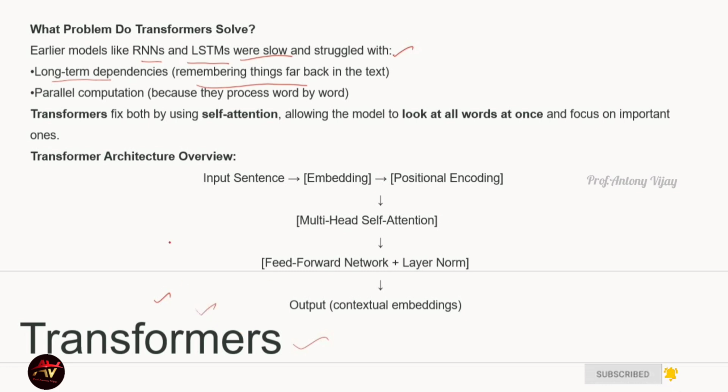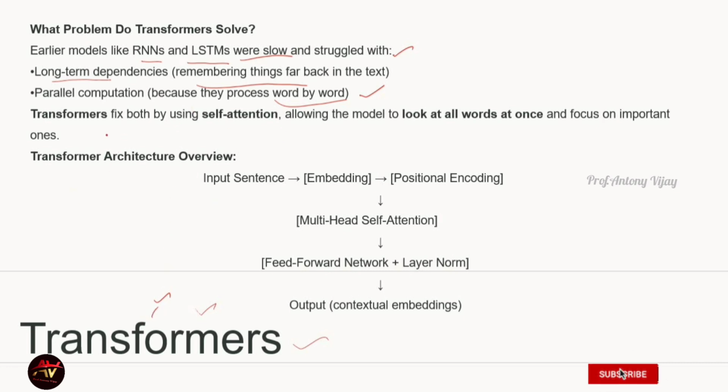The second one is parallel computation. Processing word by word is very slow. We have to process all 30 words in a sentence at a time, so parallel computation is very important. These two drawbacks of RNN and LSTM are why we are moving to transformers.